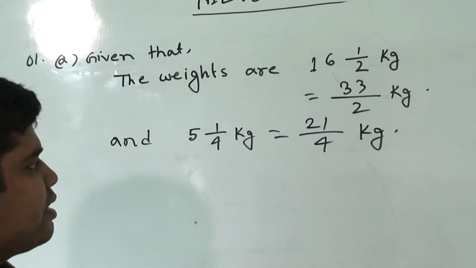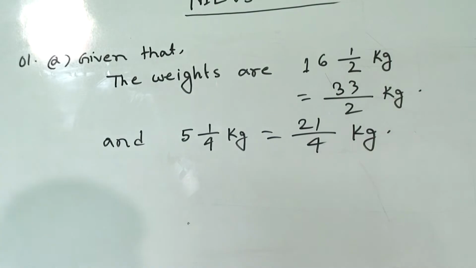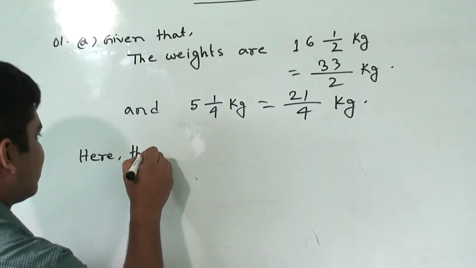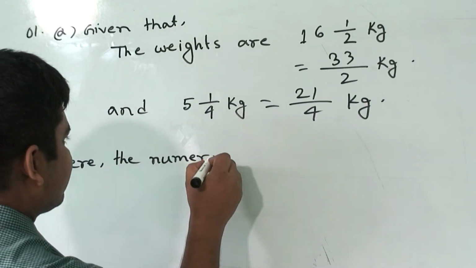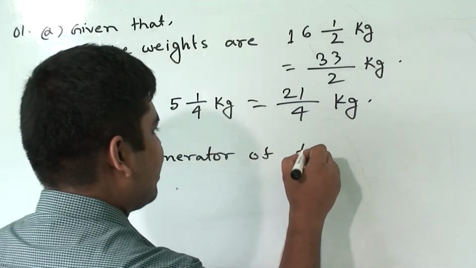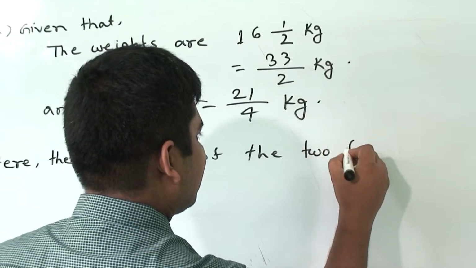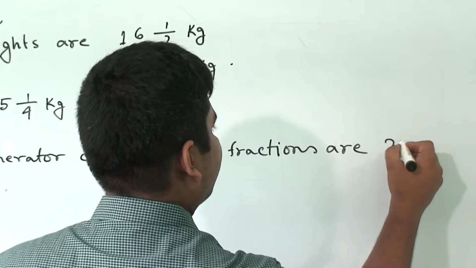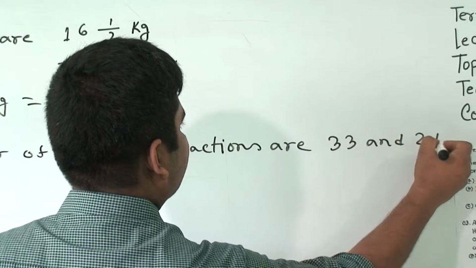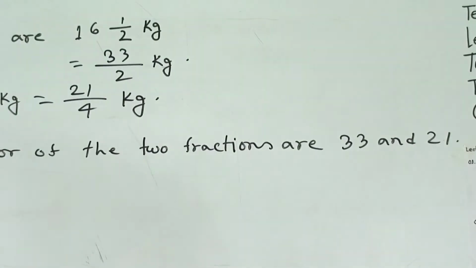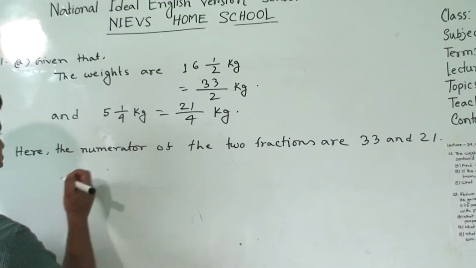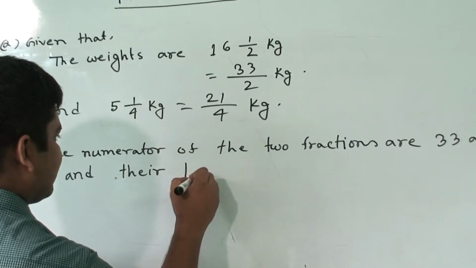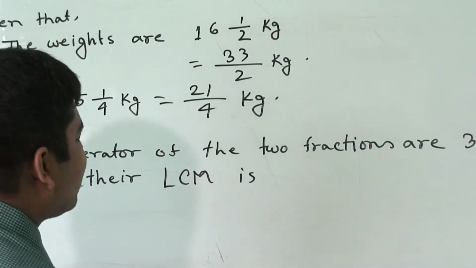Here the numerators of the two fractions are 33 and 21. Now, and their LCM is, how can we find?